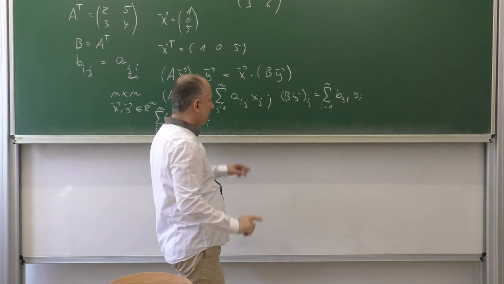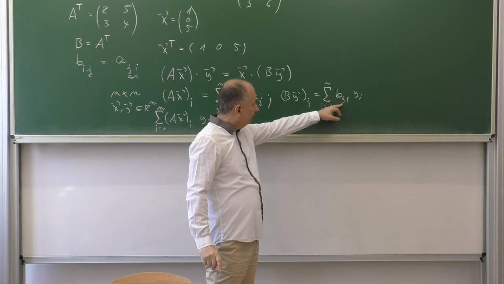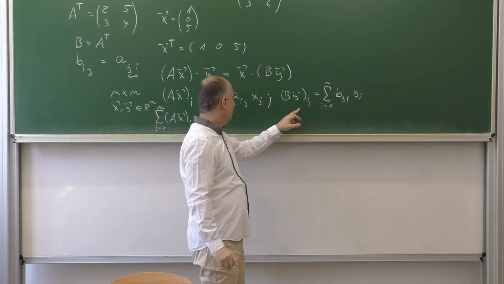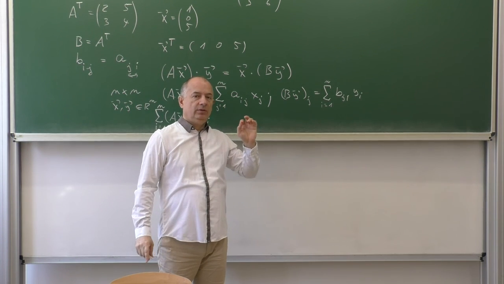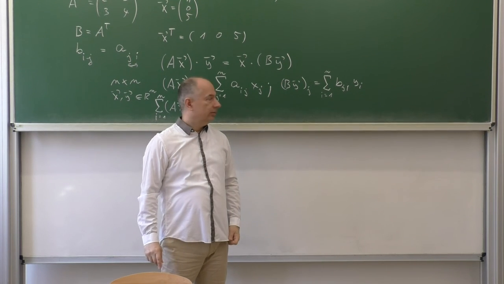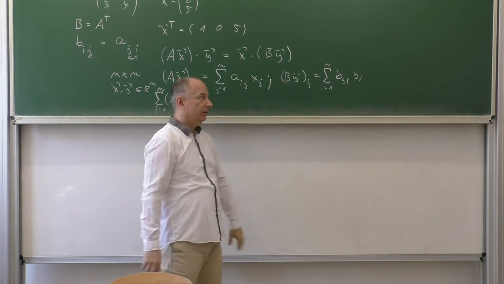You may ask, why do we denote the running index i and the resulting index j, and here vice versa? The name of the running index is completely unimportant. But this will be nice to compare the left-hand side and right-hand side.